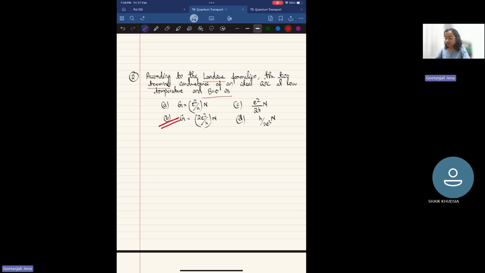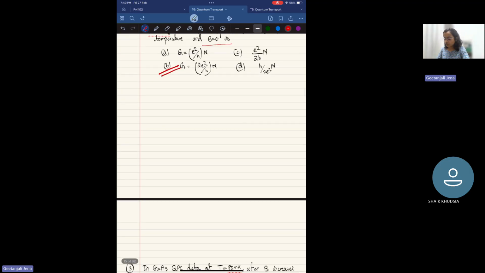Yes, it's correct. This will be 2e square by h, because B is 0, so there will be a spin degeneracy of 2.